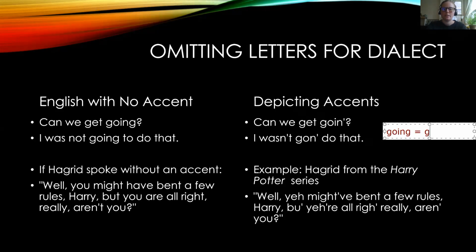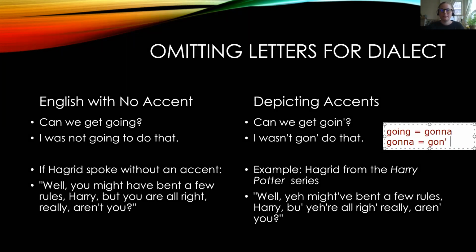Going becomes gonna, which then gonna becomes gon'. I wasn't gon' do that. All right, so gonna is the more casual way of how we'd write what we say, how it sounds phonetically. Going, gonna. It's very different, even though technically gonna is not a word yet.